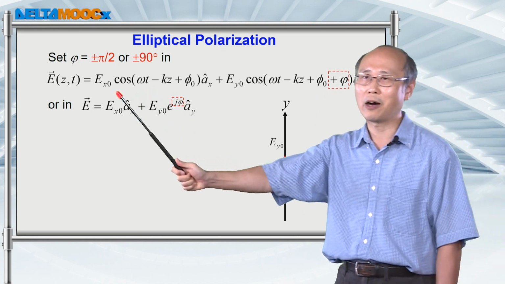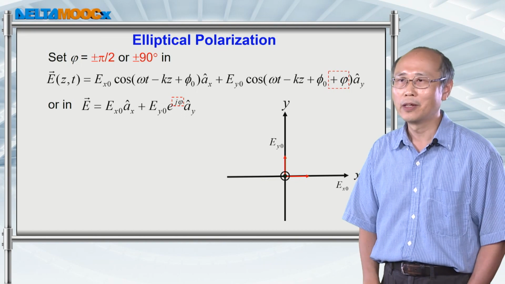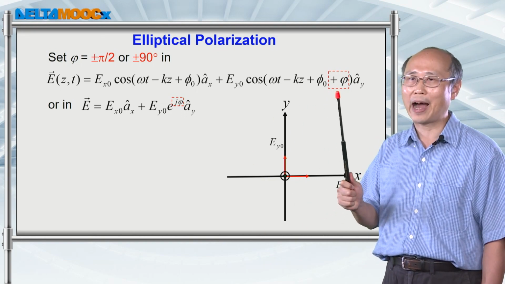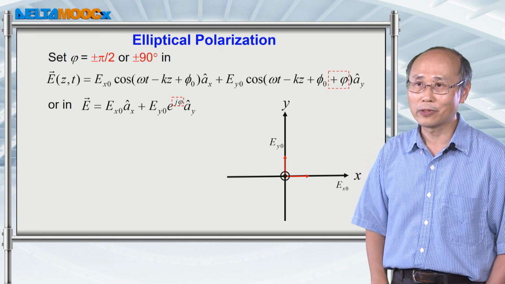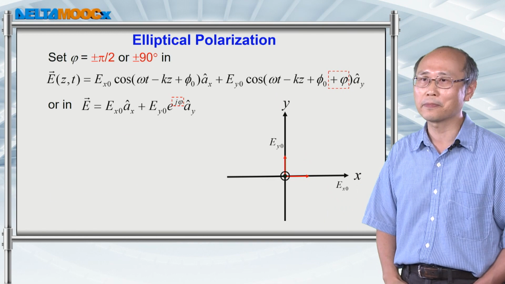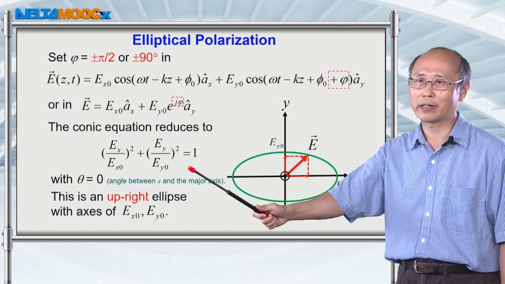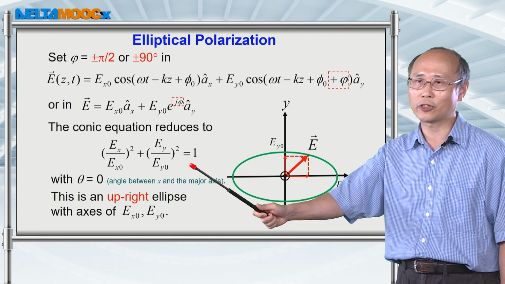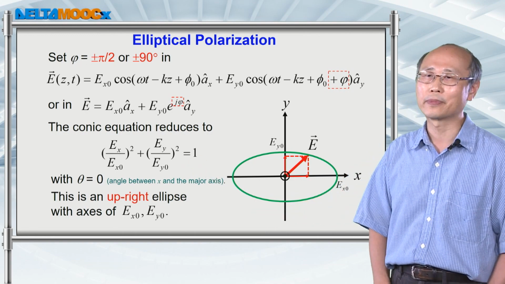But we still allow this EX0 and EY0 to be arbitrary. So with this phi equal to plus minus 90 degrees, if you are quick enough, you can see that this cosine becomes sine. So you can write down the conic equation to be just the upright elliptical equation.